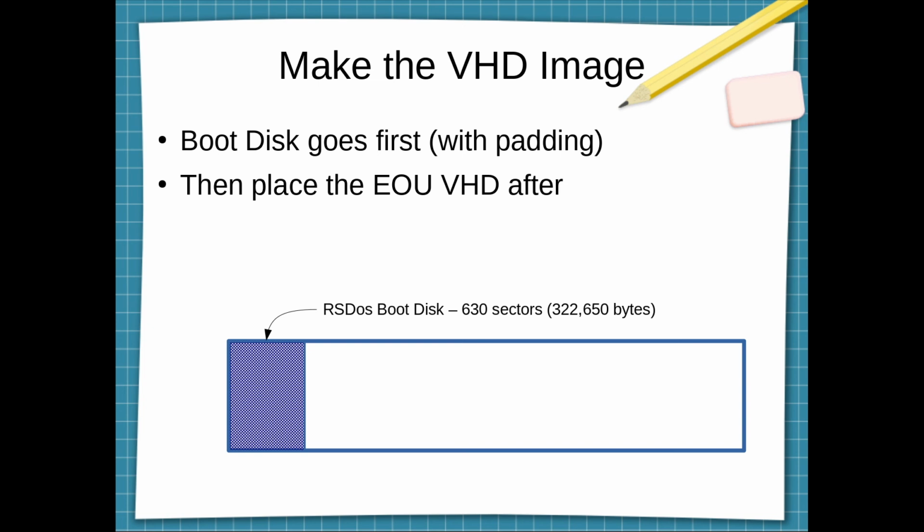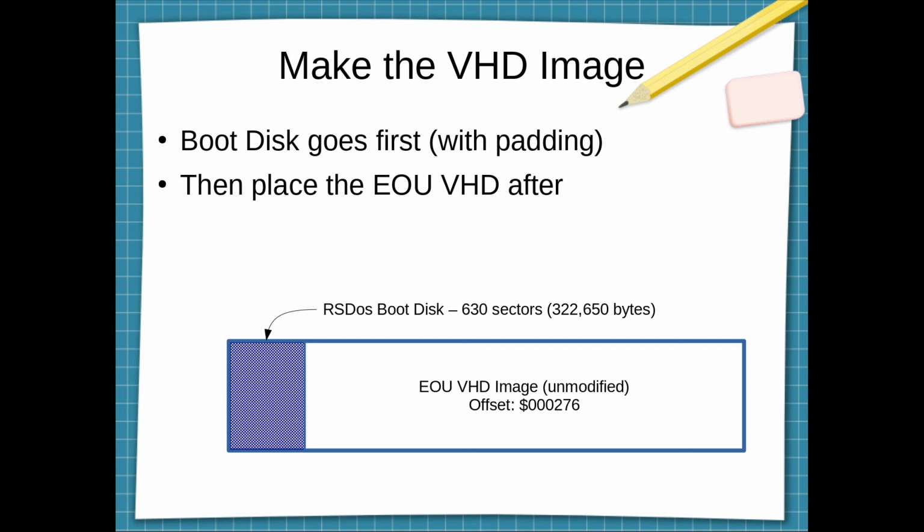After we have this disk image, the boot disk, which is on drive 0 for HDB-DOS, we copy in, unmodified, the EOU hard drive image, the VHD image given by EOU. The important thing to note is that in this disk image, the EOU hard drive starts at exactly offset 630 sectors, or 276 in hex.